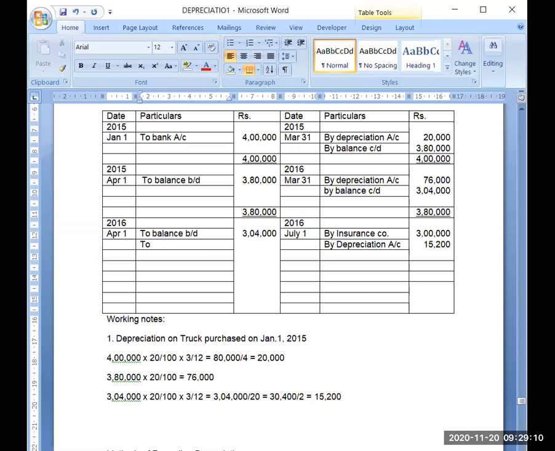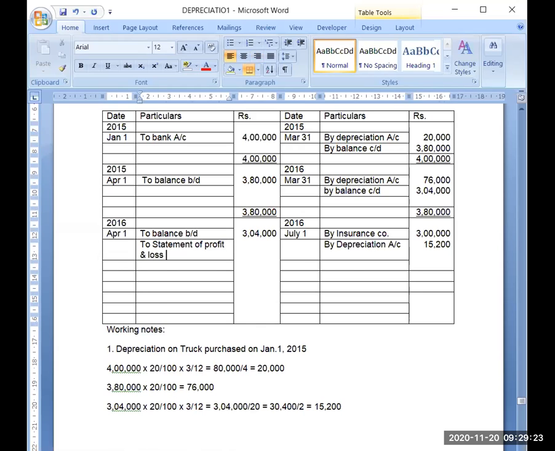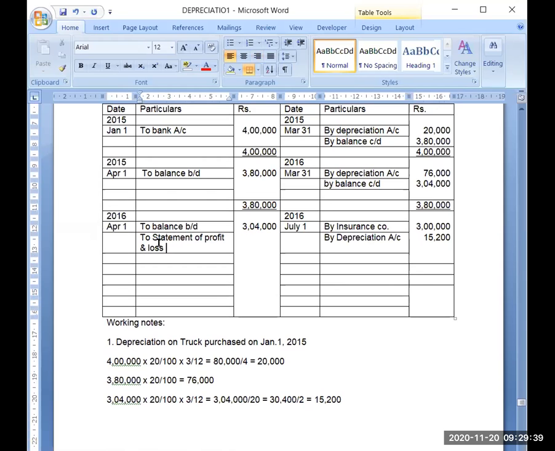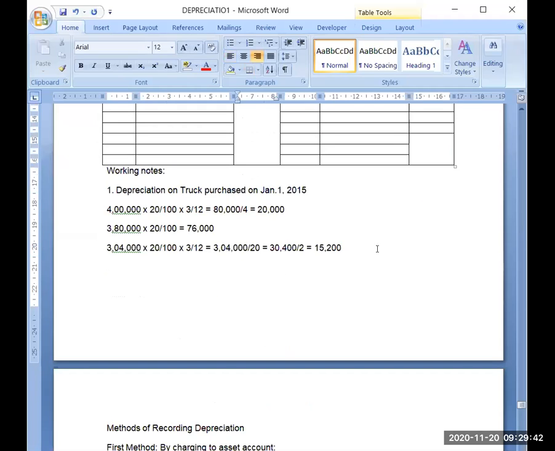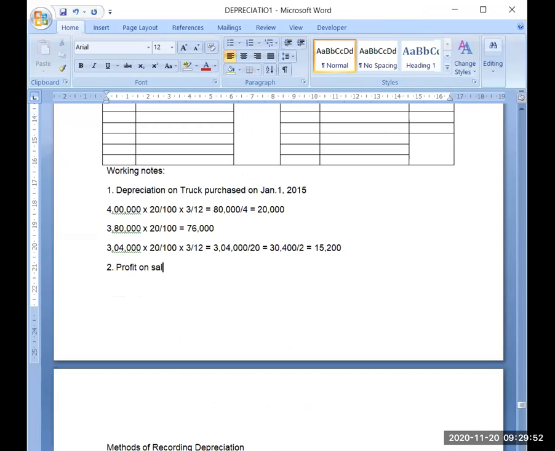So to statement of profit and loss, so second working note will be of profit on sale of truck.